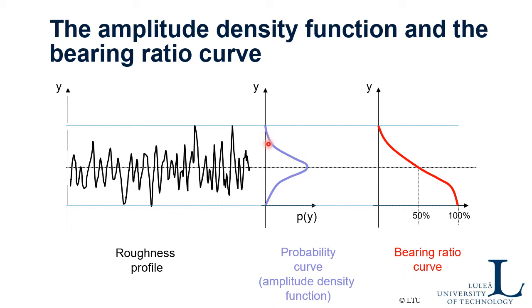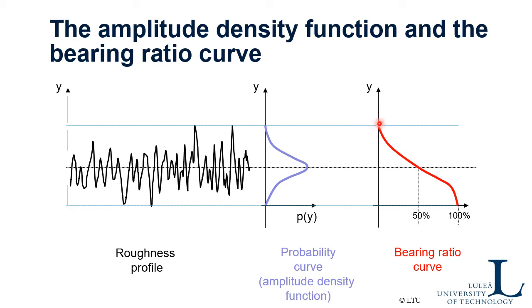If you integrate this curve, you find the cumulative distribution, and that curve is normally called the bearing ratio curve. You can see this curve as if you have a plane moving through the profile: up here you haven't covered anything of the profile, and down here you have covered 100% of the profile.